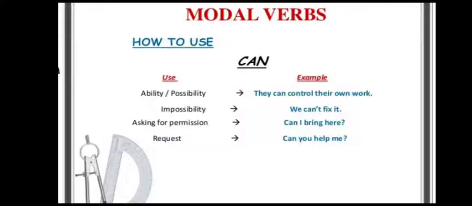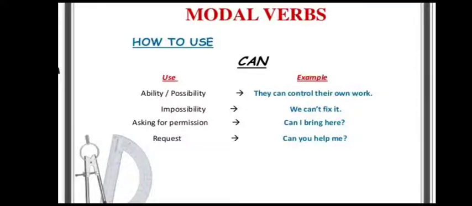So, first modal is can. Can is used to show ability or possibility. For example, they can control their own work, or they can play guitar as we have studied in the previous example.